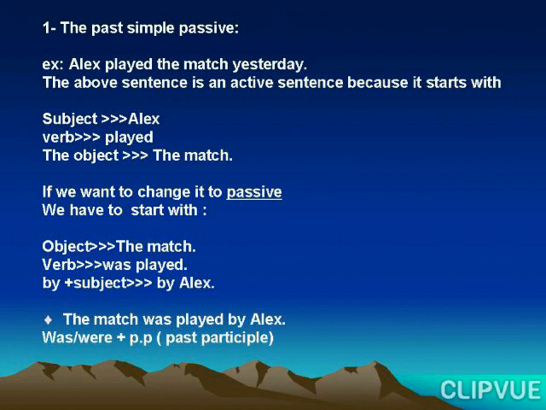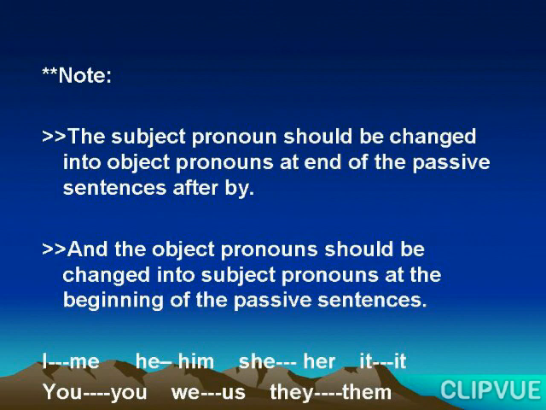If we have the matches, we have to write they were played by Alex. So the form of the passive is was or were plus PP. This is the past simple passive form. And we have to memorize it well because it's very important to answer our exercises.